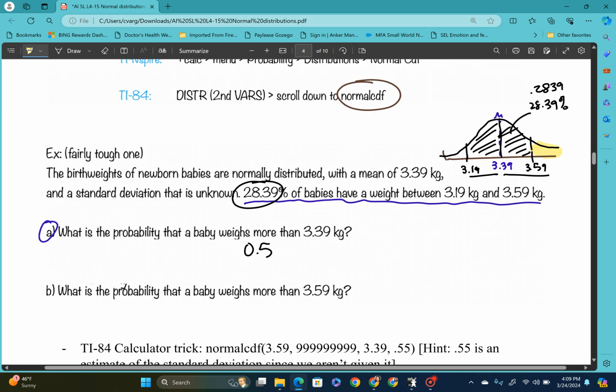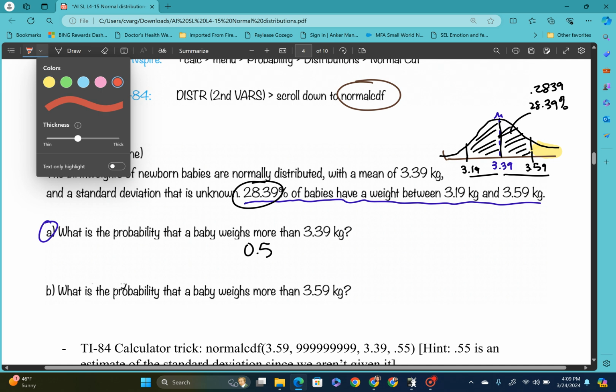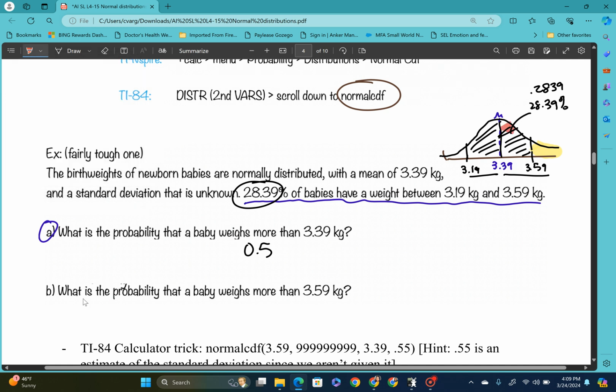What do we know so far? The whole right half, including the part that we want, is 0.5. So we could say 0.5, which is a half, minus this whole thing, where that 28.39% comes from. This side is half of it.